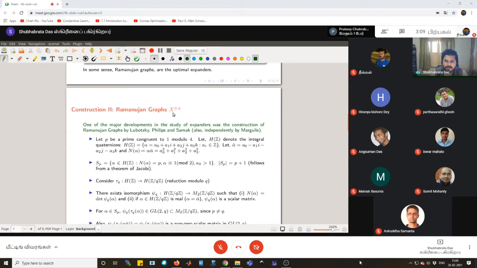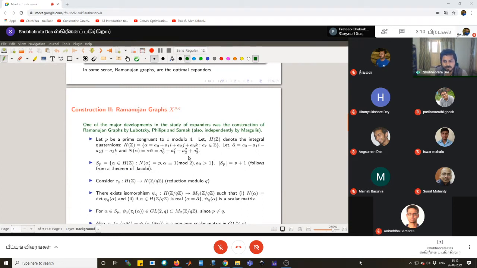So these graphs are denoted by X^{p,q}. It has 2 indices, and here we take p to be a prime which is congruent to 1 mod 4. Now we consider the integral quaternions, which look like this. Here i squared, j squared, k squared are all minus 1.